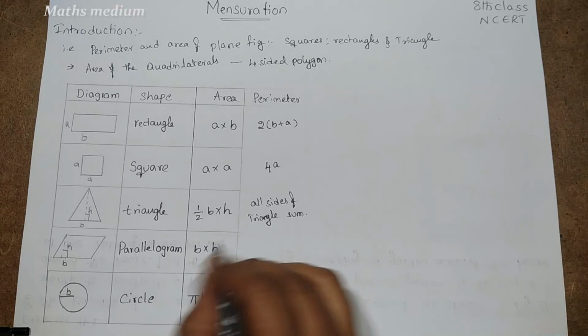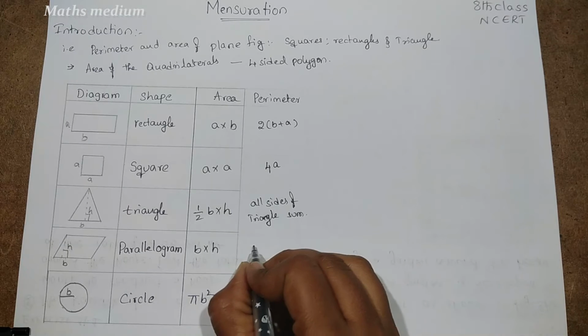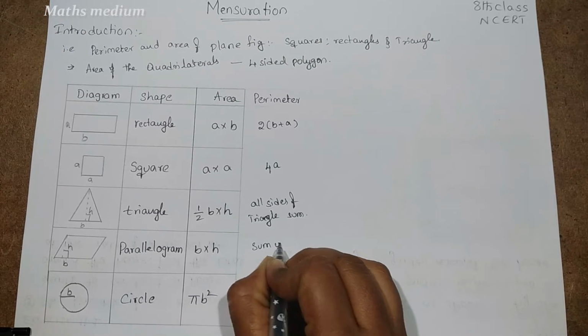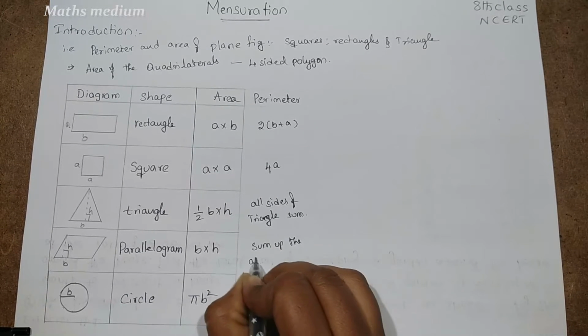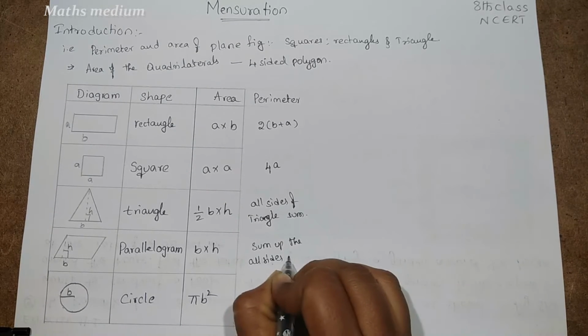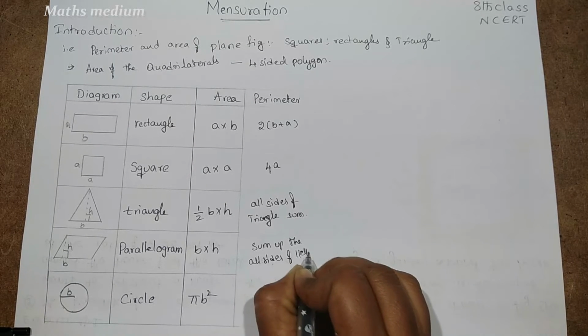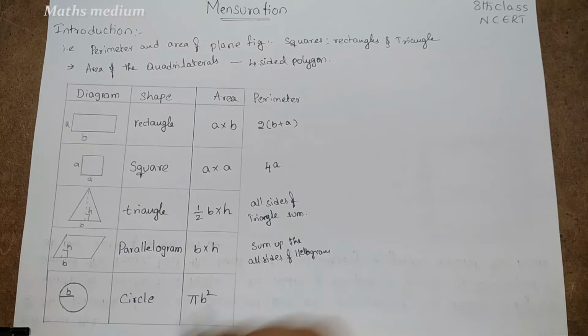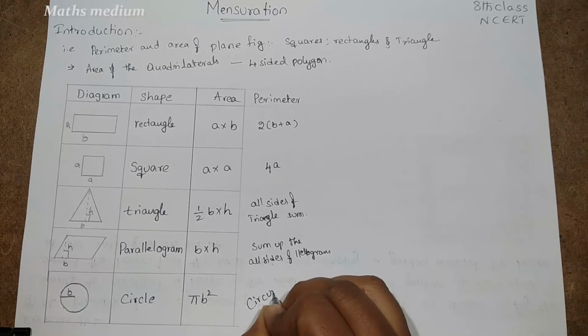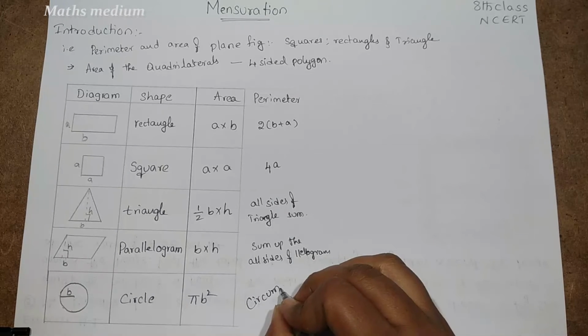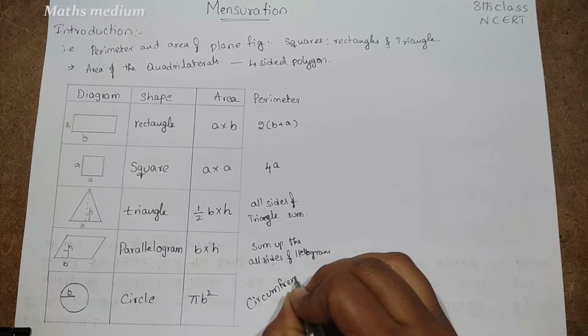Okay, parallelogram also the same, sum of all sides of the parallelogram. If you come to the circle, it is called circumference, but in further classes we will learn about the circumference of the circle.